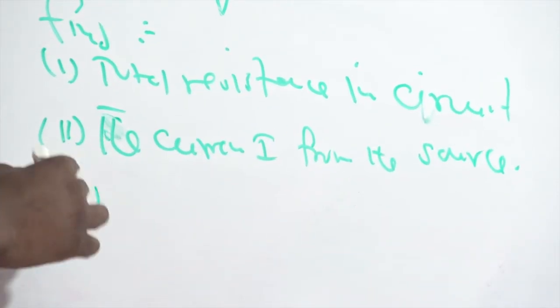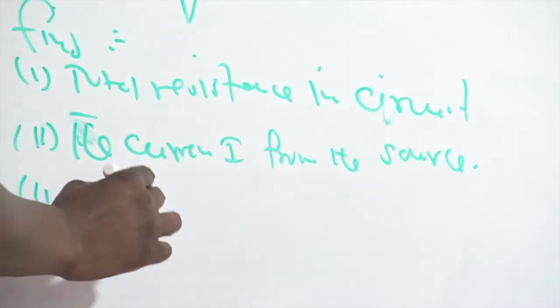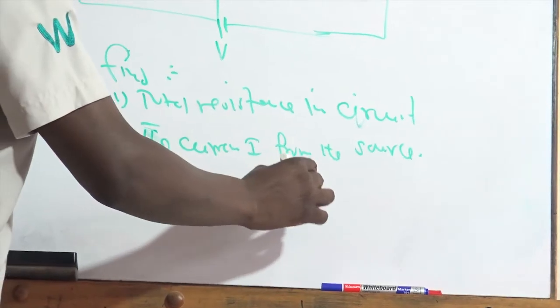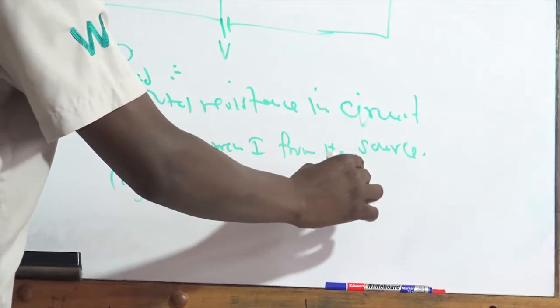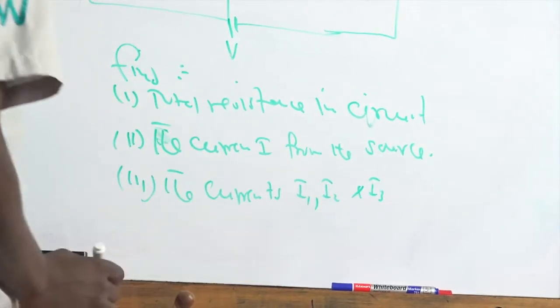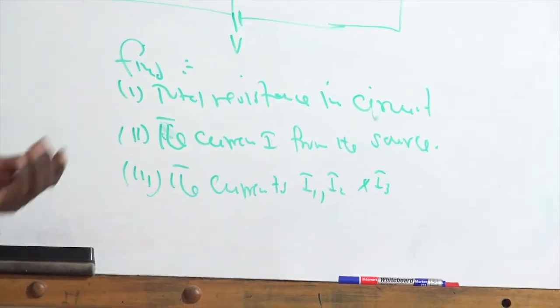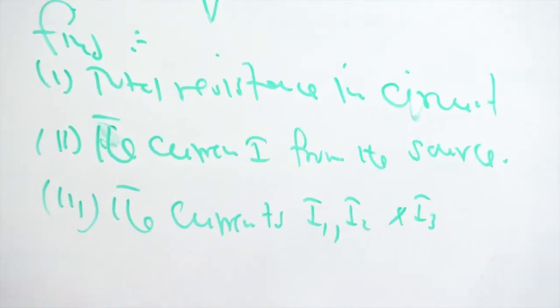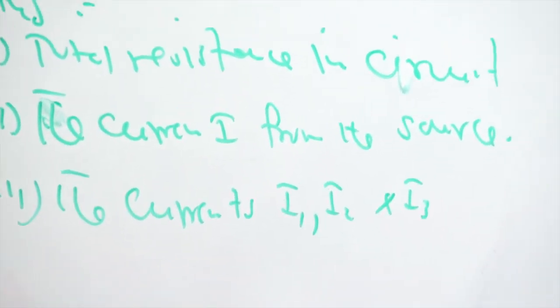Number 3, the currents I1, I2, and I3. If you are being asked such kinds of questions using this circuit, you can apply the formulas we have derived.